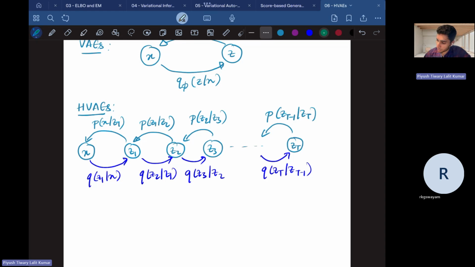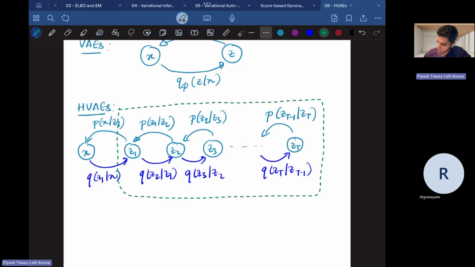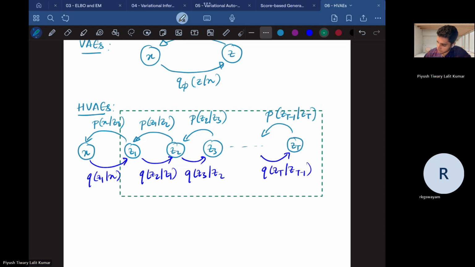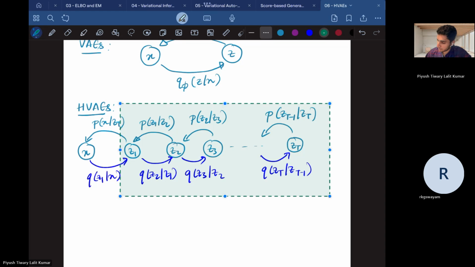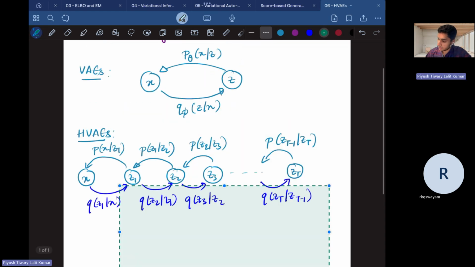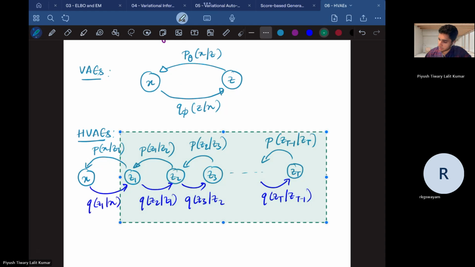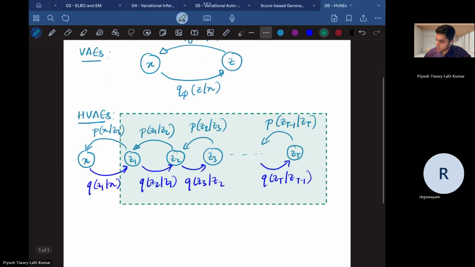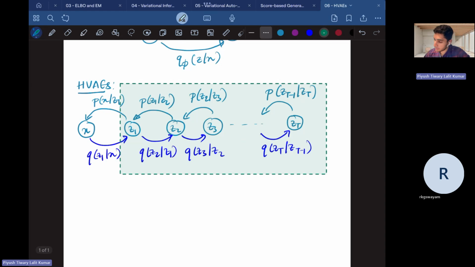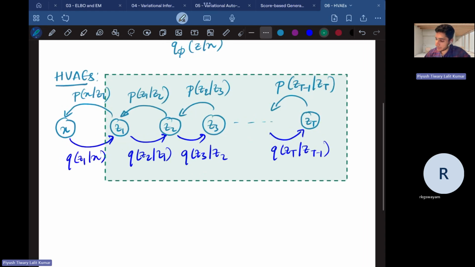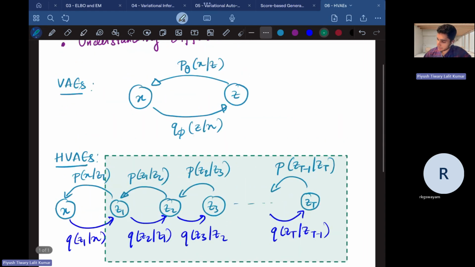One way to look at it is that you can think of whatever is inside this box as one latent.